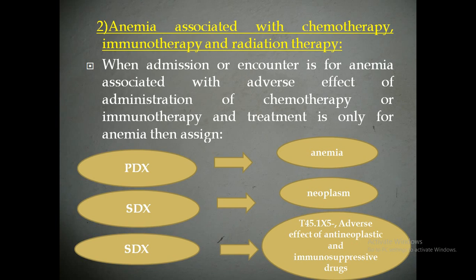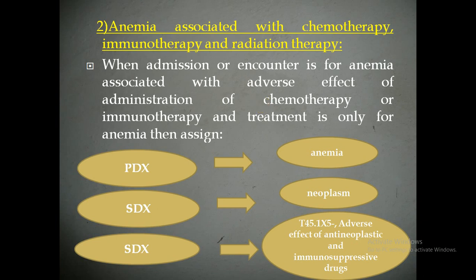In those conditions, first we have to assign the principal diagnosis as anemia and the secondary diagnosis would be the neoplasm, and then the adverse effect of the anti-neoplastic drugs or immunosuppressive drugs. Here adverse effect is nothing but, whenever the cancer patient receives this kind of treatment to cure the neoplasm, right, they will have some adverse effect. It's nothing but a side effect.